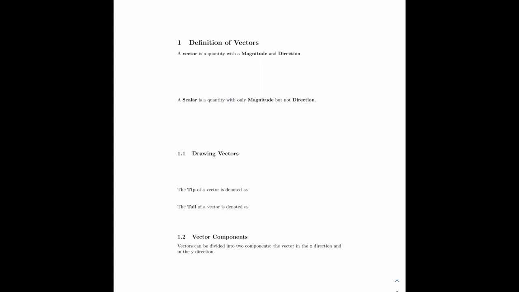Let's first start with the definition of vectors. Vectors are a quantity with a magnitude and a direction. So what does this really mean? Let's say that you're driving in your car. This is going to be a top view, in the north direction with a speed of 60 miles per hour.